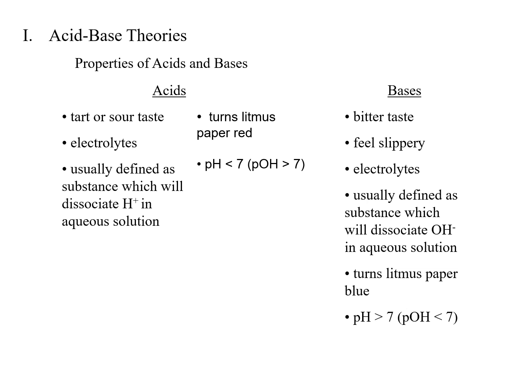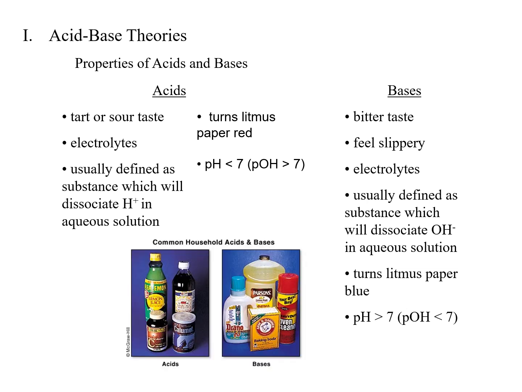So those are the basic, I shouldn't keep saying that. Those are the general properties of acids and bases, right? So here are some examples of acids and bases. You can see in the acid picture here that lemon juice, vinegar, vitamin C is an acid actually. And then I don't know what the other thing is.